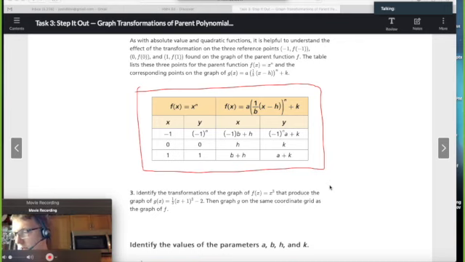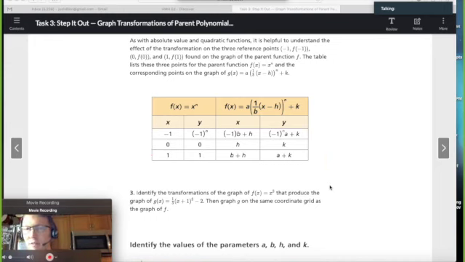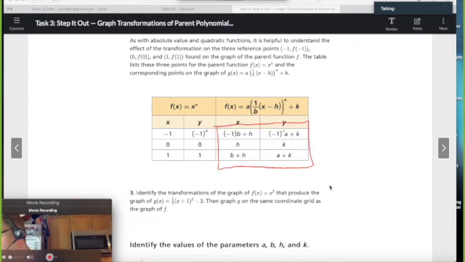It's most likely going to give us the vertex, and then a point to the left, and a point to the right. The left side is the parent functions, the right side would be the g of x, or the translated function. We can use this chart to then use algebra to figure out what a, b, h, and k are, and then from there we can graph the function, answer questions, so on and so forth.